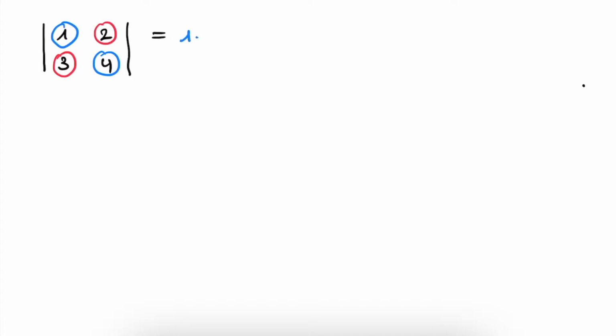We multiply 1 times 4, and we subtract the off-diagonal numbers, so 2 times 3. In this case, this becomes 4 minus 6, which is of course minus 2. And we already have our initial result. So the determinant of the matrix 1, 2, 3, 4 is simply minus 2. Let's go to the next exercise.